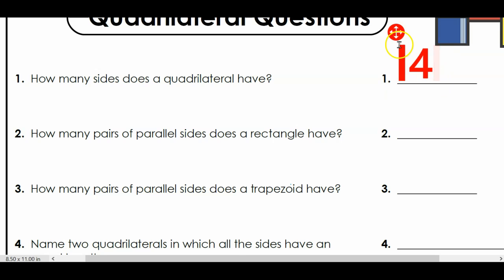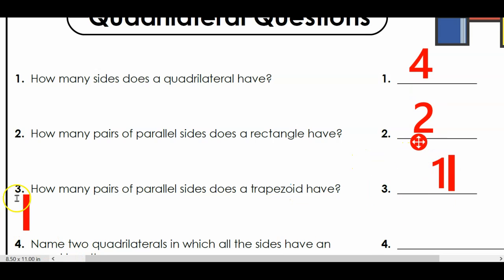Boom. How many pairs of parallel sides does a rectangle have? 2. Yes. The top and bottom are parallel. The right and left are parallel, right? Side by side, meaning they never cross. How many pairs of parallel sides does a trapezoid have? 1. Top and bottom. Just like my table over here.